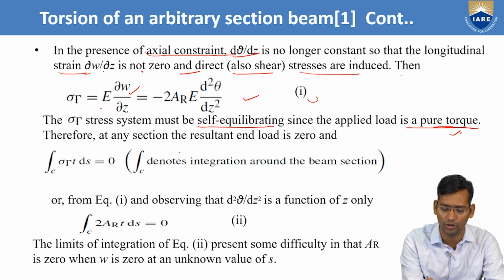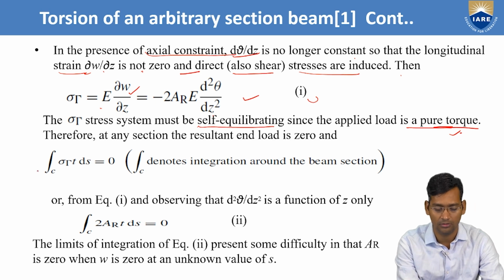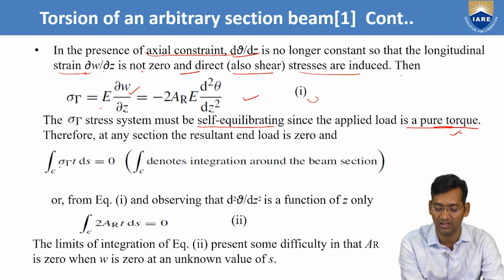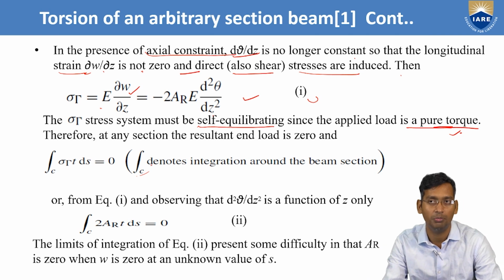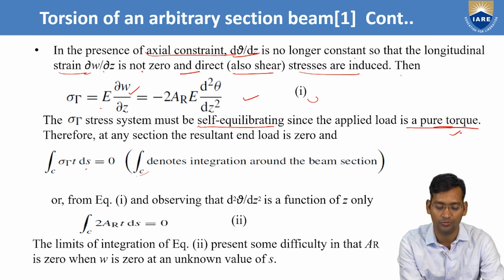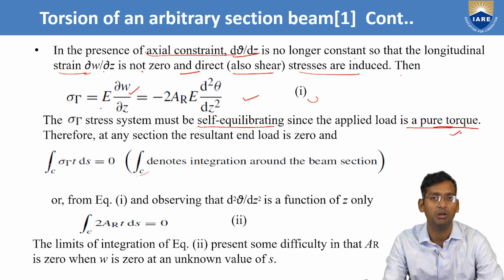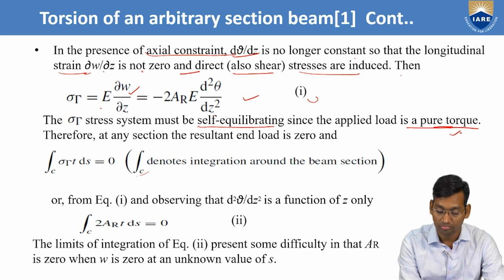So for equilibrium, the closed integral of sigma T into T ds, where sigma T is the stress and multiplying by area gives the force, must be 0. The closed integral denotes integration around the beam section. So the force around the beam section will equal 0.